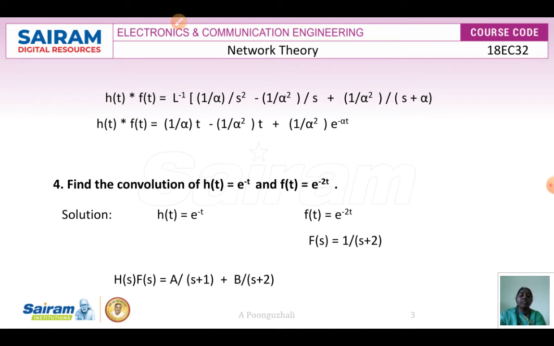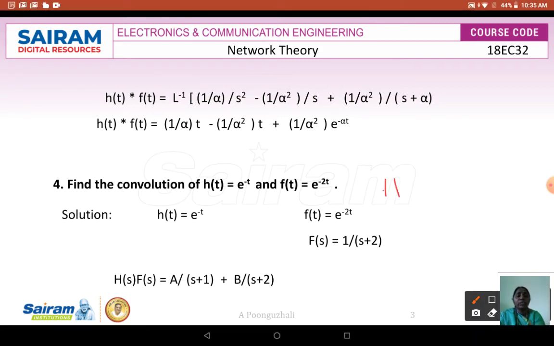So h of s into f of s, where h of s is 1 by s plus 1 and f of s is 1 by s plus 2. So we can write h of s into f of s is equal to 1 by (s plus 1) into (s plus 2).